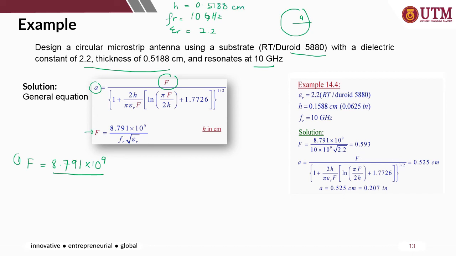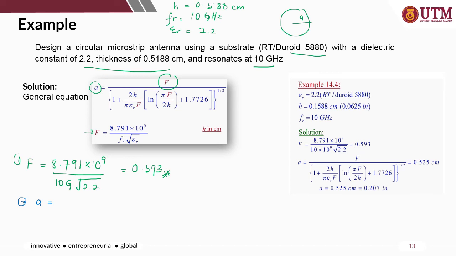So divided by Fr, which is 10 GHz, and the square root of epsilon r, 2.2. So F is equal to 0.593.